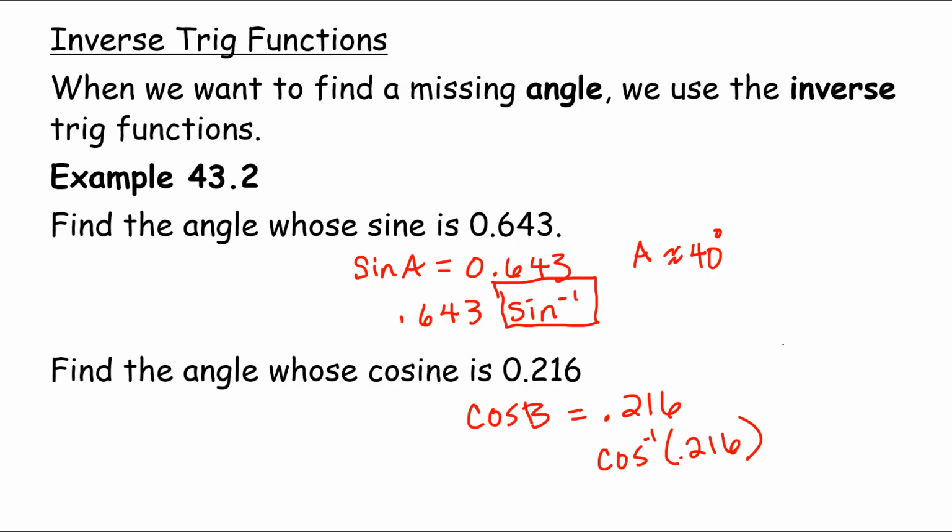And to do that, you punch it into your calculator, whichever way you're supposed to, whether you're supposed to hit inverse cosine first or 0.216 first, make sure you know. 0.216, and then you're going to hit second function, cosine. And that will tell you that it's about 77.5 degrees. So B is about 77.5 degrees.